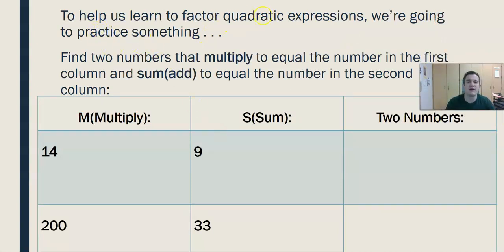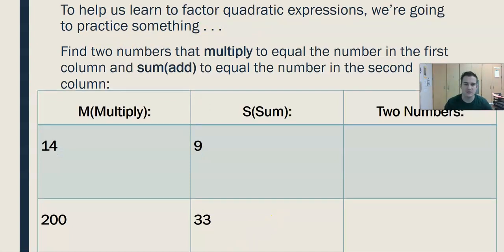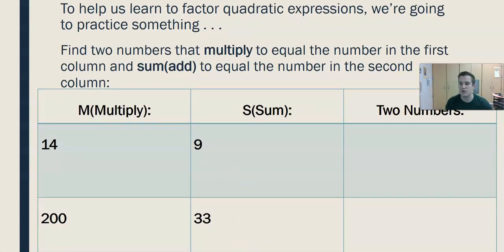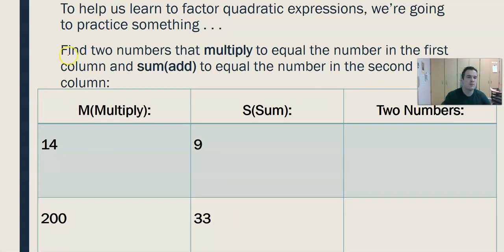Okay, so we're going to take a sabbatical from that for a minute. To help us learn to factor quadratic expressions, we're going to practice something I really like. This next process is kind of like a puzzle to me. It's kind of like a little game. So I really appreciate and enjoy this. What we're going to do is find two numbers that multiply to equal the number in the first column, and then sum or add to equal the number in the second column.